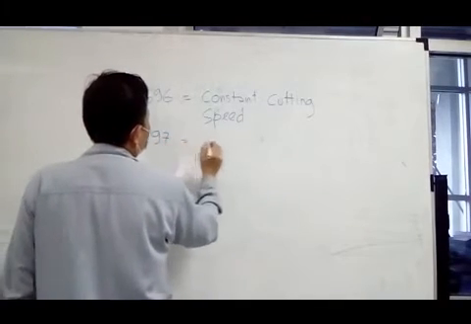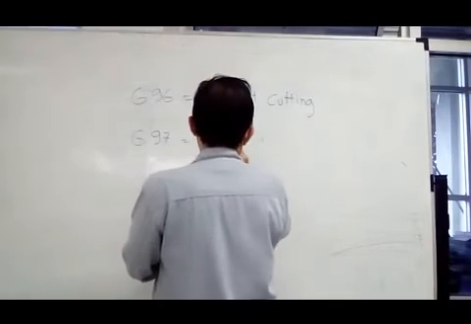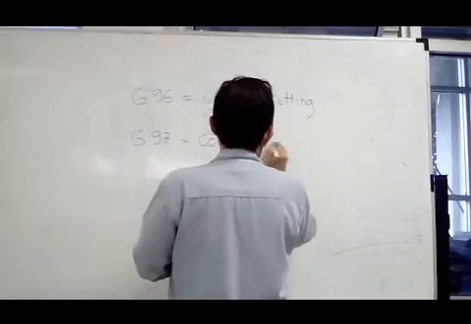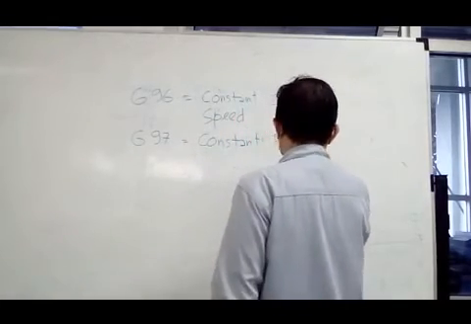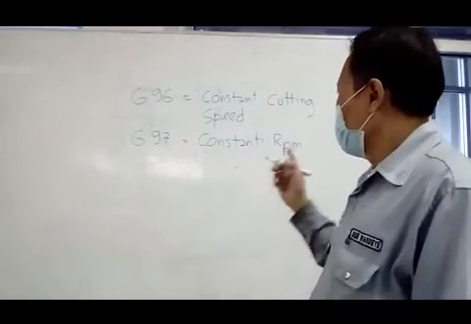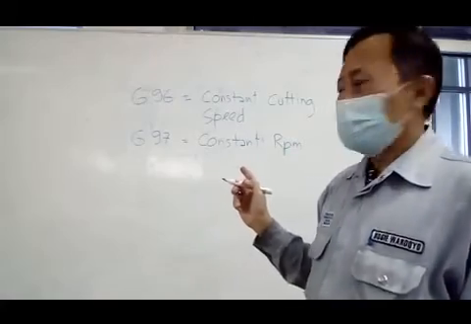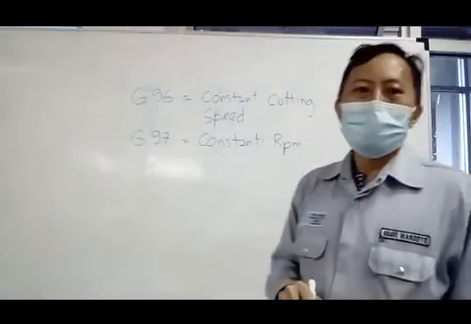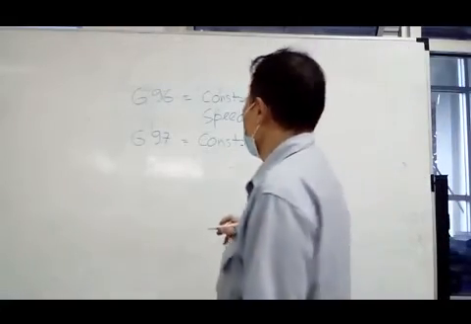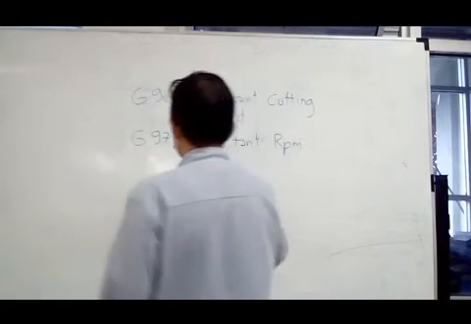G97 is constant RPM. Maybe we need this for turning.